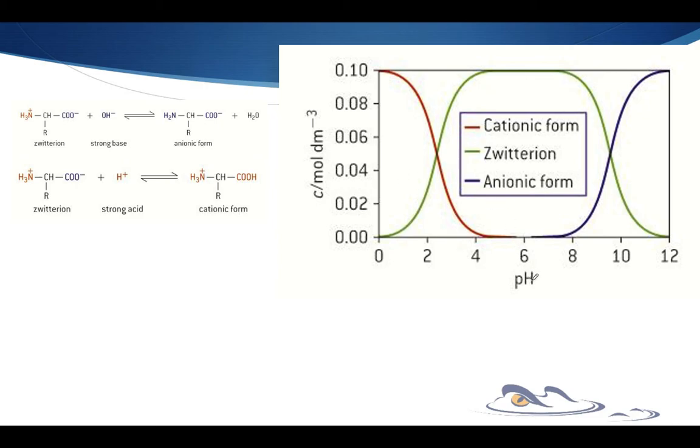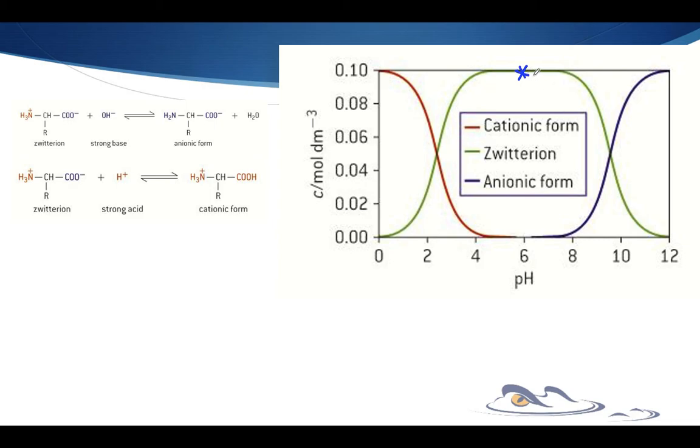So this would be for a neutral amino acid. And so for a neutral amino acid, we can see right here in this form a pH of 6. We said for a neutral amino acid that a pH of around 6 would be that.